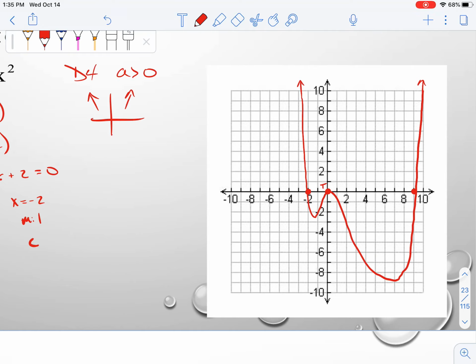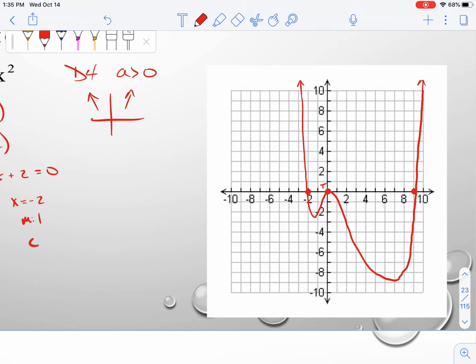Again, I've crossed the axis where I'm supposed to. I've touched the x-axis where I'm supposed to. My end behavior is in the correct spot. And based on all that, I also have to be above and below the x-axis where I'm supposed to. What's happening between those two intercepts, where I'm below the axis, does it actually look like that? Probably not.